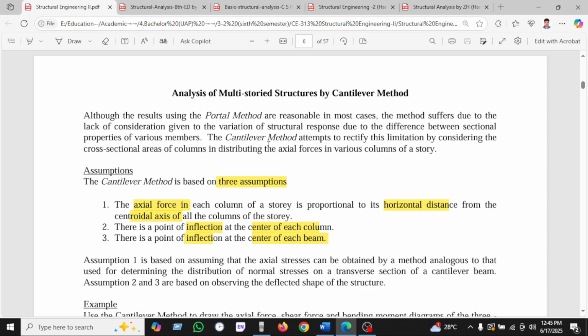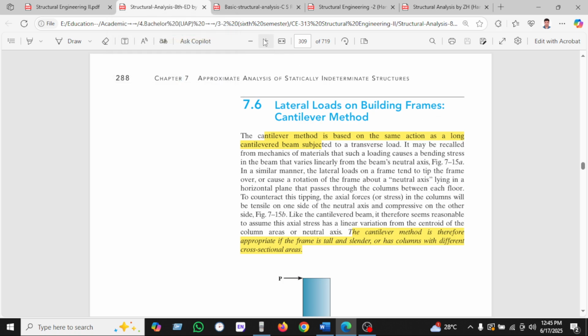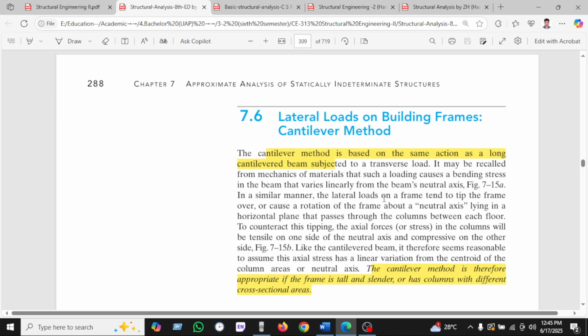Okay, this was some basic theory. If I go to Hibbeler's book, Structural Analysis, you can see why we use the cantilever method, not the portal method. We can see that for tall buildings we use the cantilever method. See here, the cantilever method is used because the structure acts the same as a long cantilever beam subjected to transverse load.